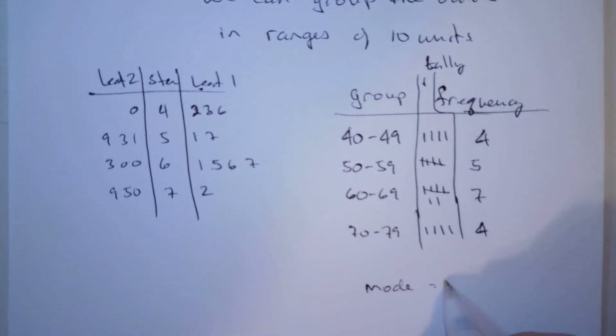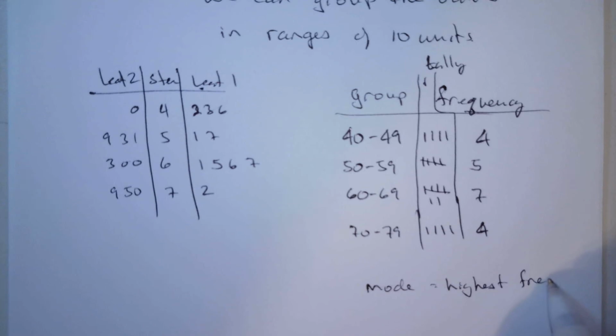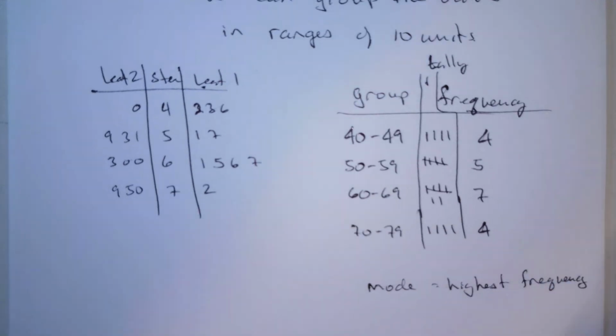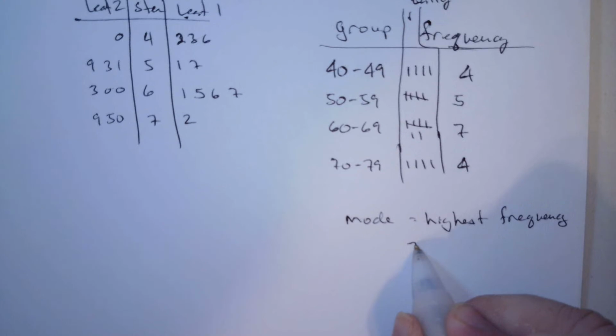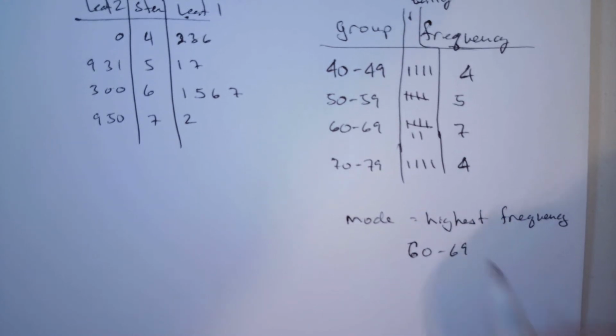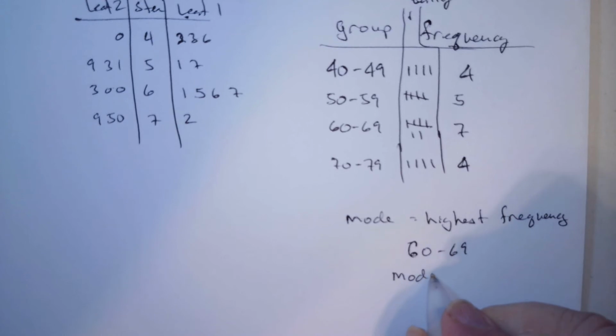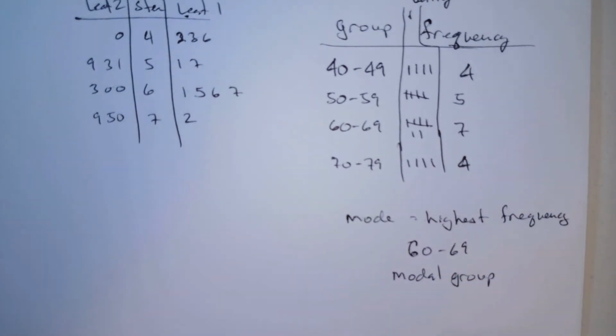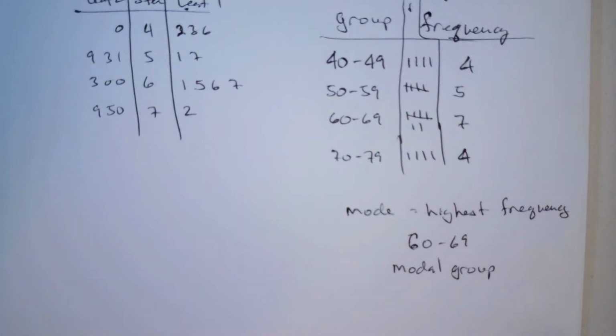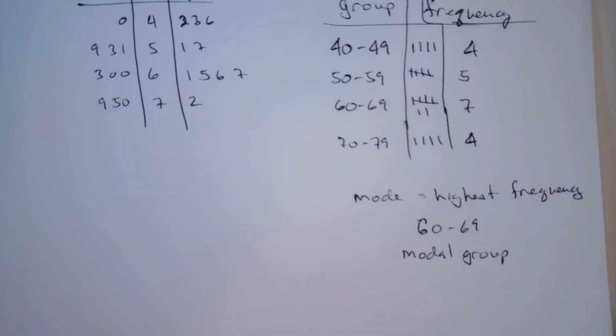It's the highest frequency, the most commonly used, so it's in the range of 60 to 69. That's called the modal group. Right, so that's grouped frequency tables.